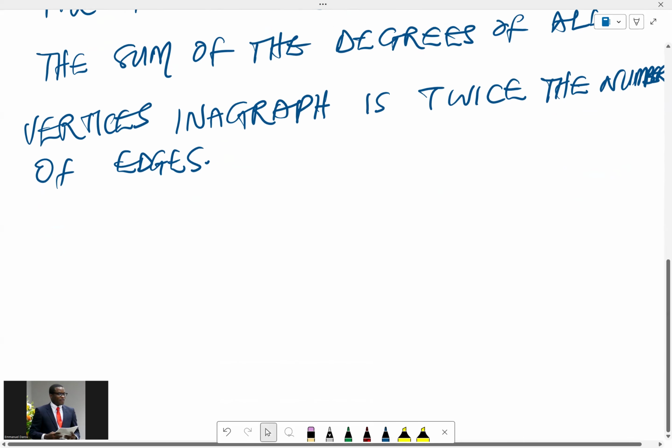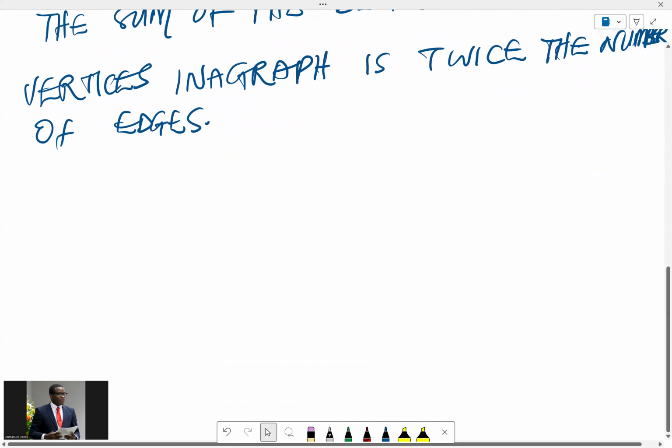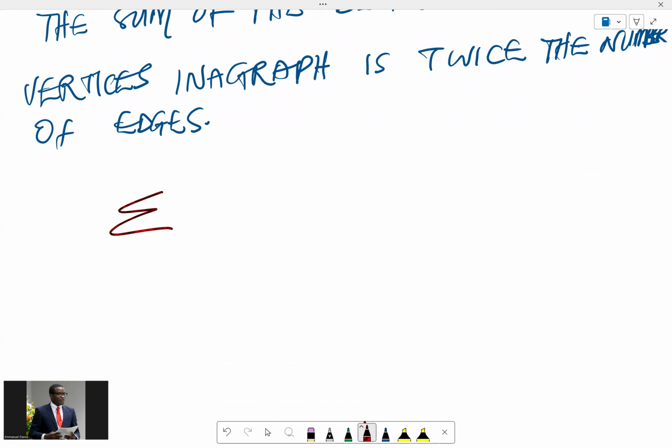Now, mathematically, that simply means that if we take a small v belonging to the set of vertices, the sum of the degree of v is simply 2 multiplied by the number of edges. That's the summary of what that is about.